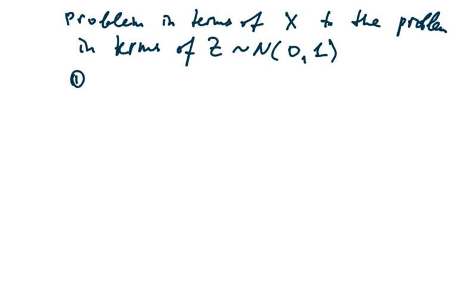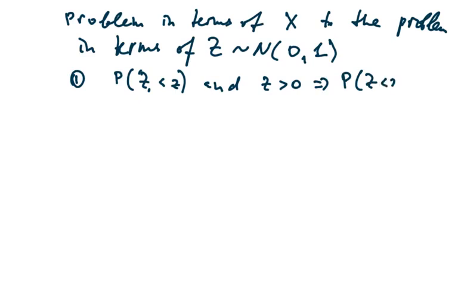First case, if eventually we want to find the probability that capital Z is less than small z, and small z is positive, then this probability equals the value which we find in the table for normal distribution.